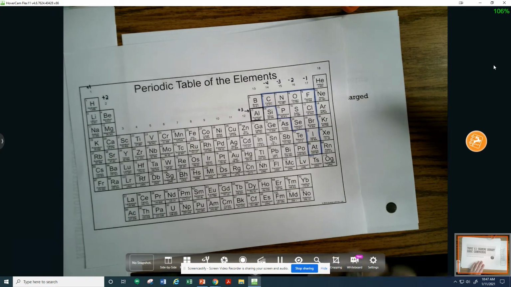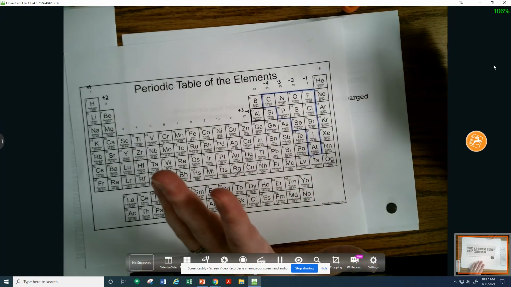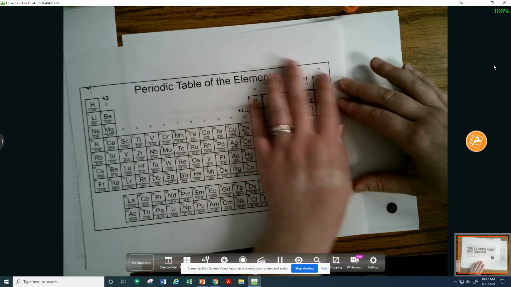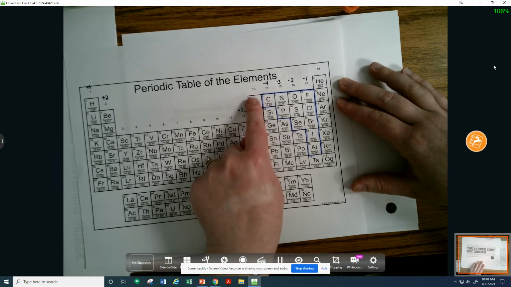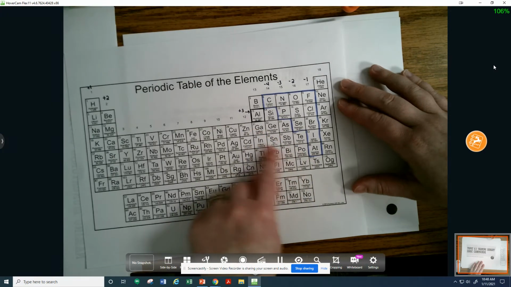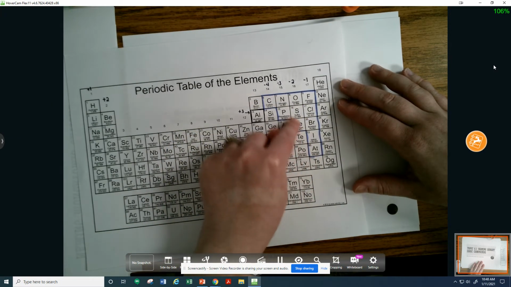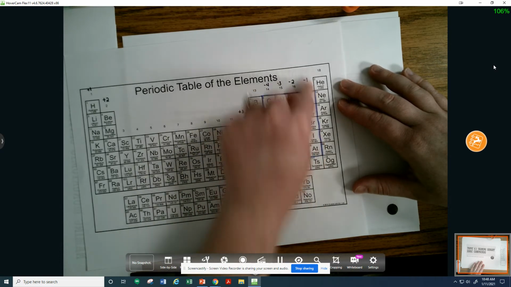The other thing I noted is that these are only for the nonmetals. Notice I have this lavender purple boxing in the nonmetals. This region of the periodic table is blended. We have these metalloids along that stair-step line, and then down here we have some metals. So you want to go ahead and box these in. The ones that are boxed in are the ones that apply to that rule.